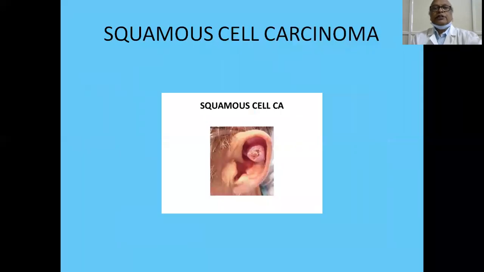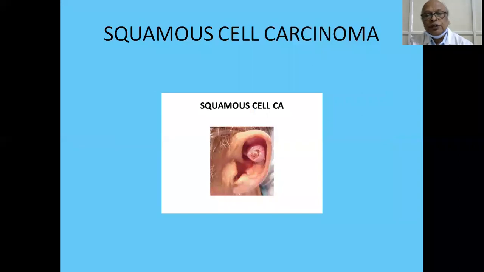Next most important condition is squamous cell carcinoma. Squamous cell carcinoma, it does occur. Previously, these cases were managed very poorly. If it is a condition like this, we can do a wide resection, excise the whole pinna and do away with it. It's fine.